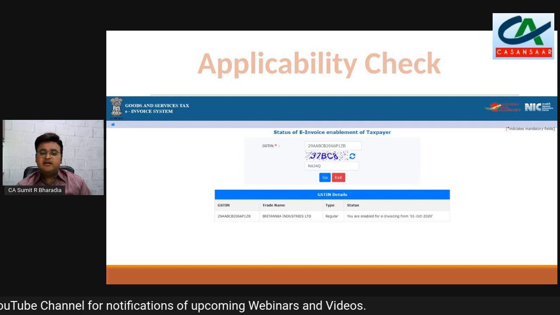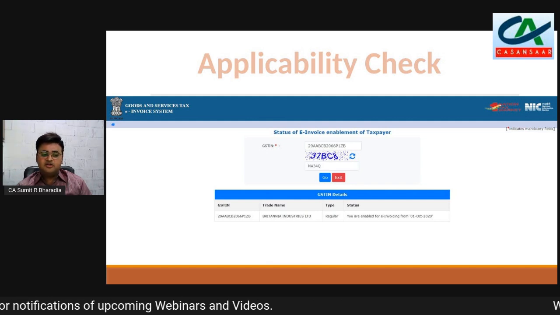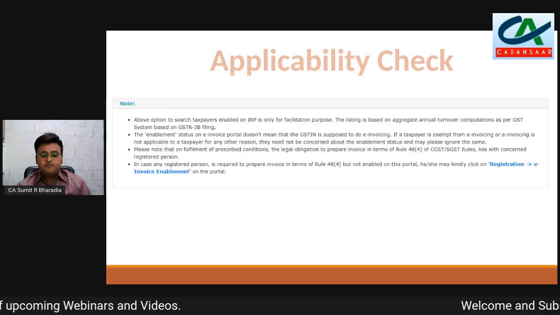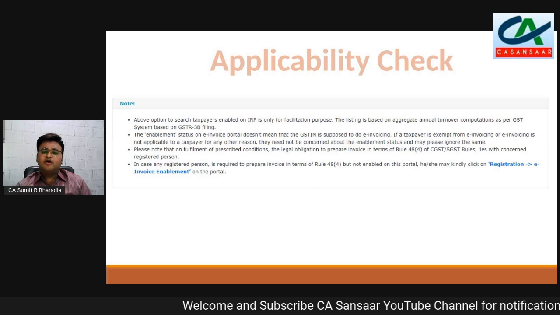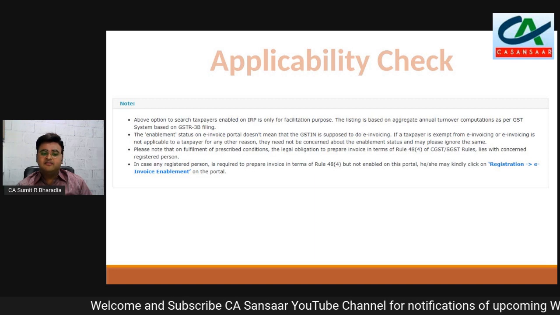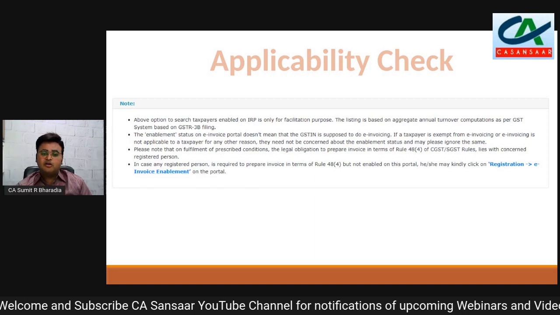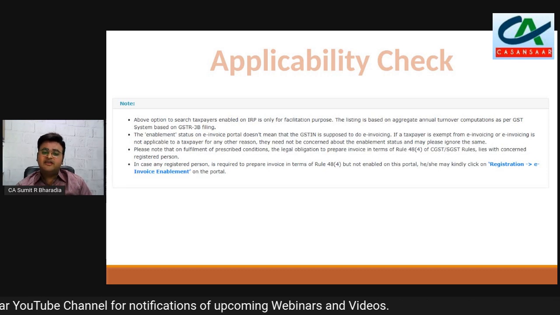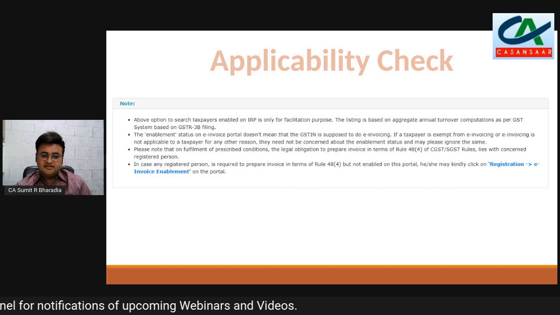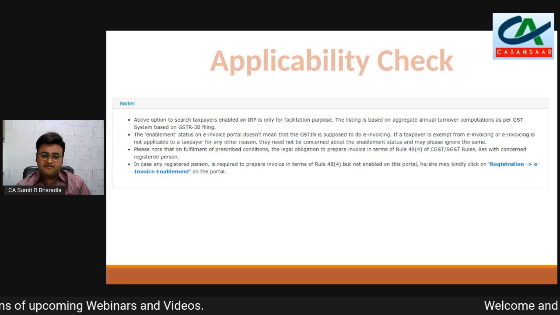It states that you are enabled for e-invoicing from 1st October 2020. But the applicability check specifically states that the criteria here is as per the computation from the GST system. It may be correct or may be wrong, but the ultimate liability to do e-invoicing is on the registered person. This website is only for reference purposes.